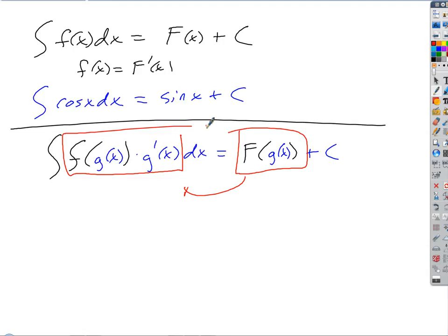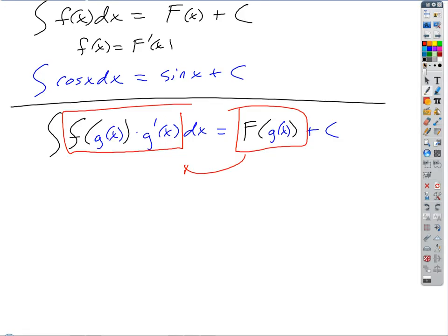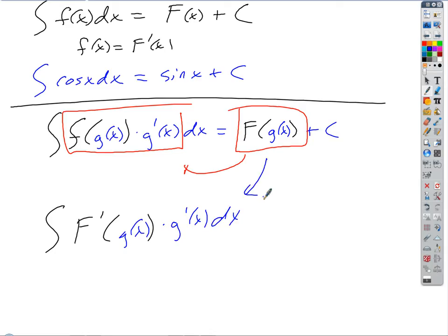So another way we could write this, if we wanted to, we don't need to, is as the antiderivative of capital F prime of g of x times g prime of x dx, right? Here's a situation where this would come in handy.